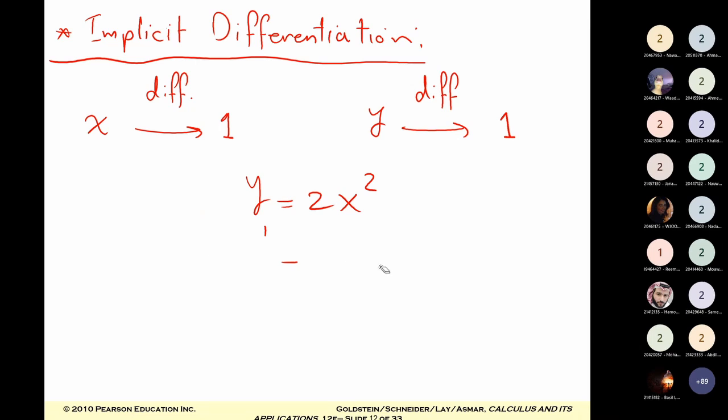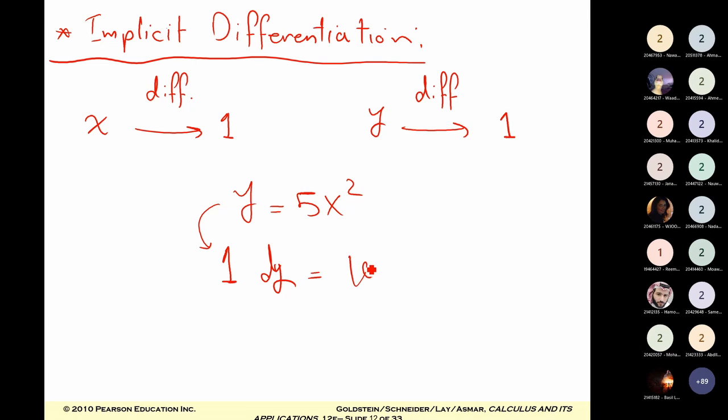Okay? Why? Because y equals, for example, 5x squared. The derivative of y, 1 dy, is also equal to 10x dx. But by dividing dx over the whole equation, we have dy over dx with 1, and this is 10x.